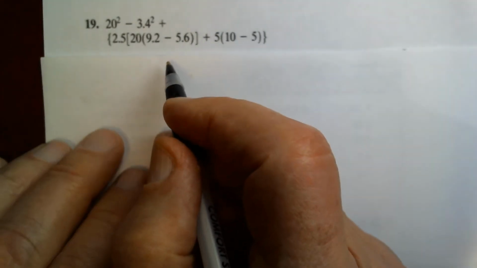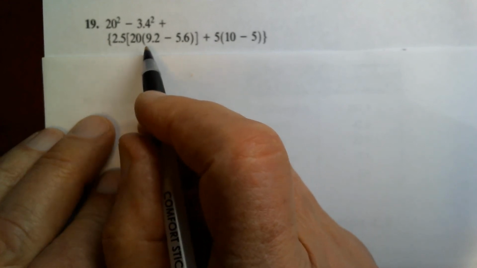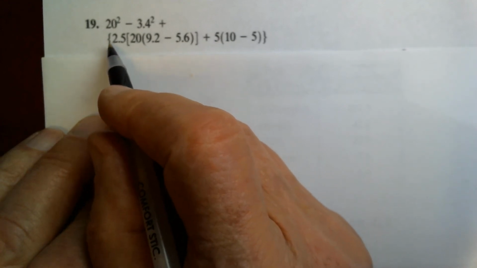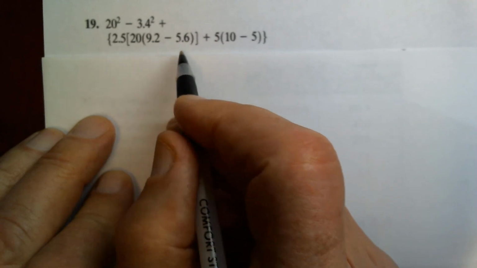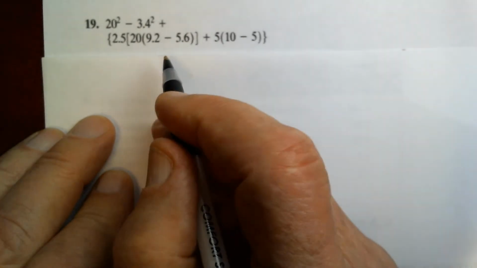So number 19 is obviously a little bit more complex. We've got 3 levels of parentheses, braces, brackets, and parentheses. So we need to work from the inside out to eliminate the parentheses.